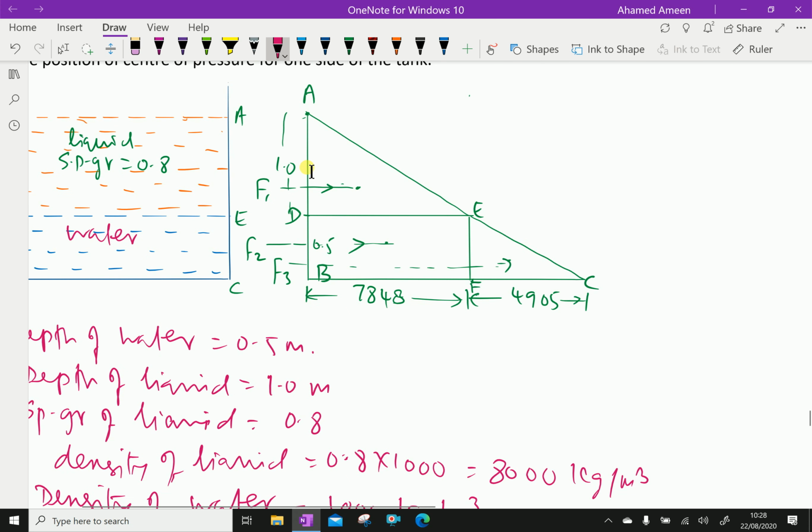The center of pressure is nearly at the contact surface of liquid and water, a little below, that is 1.009 meter. We have done.